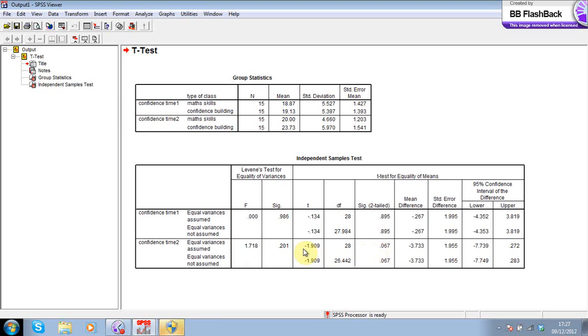So here we would report t equals minus 1.9, degrees of freedom equals 28, p equals 0.034, or you could just say p is less than 0.05, and we can conclude that there was indeed a difference in their academic confidence scores at time 2.